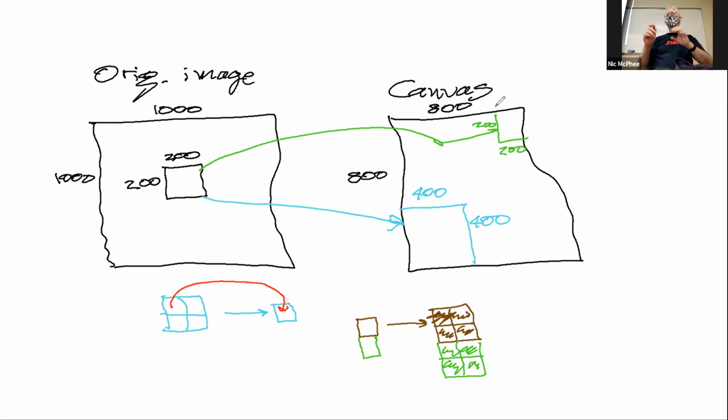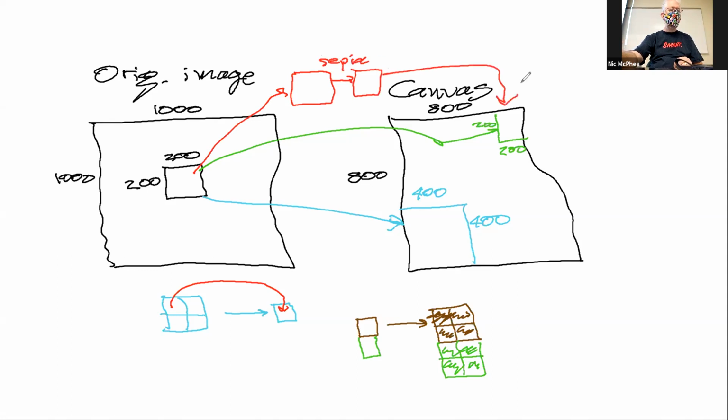And that's actually probably the safest option. Anything else, there's the potential that you modify some pixels that you didn't mean to modify, and then you can't unmodify them. So doing something where you copy this to here, then sepia that, and then copy that down into there, that's probably your safest option.